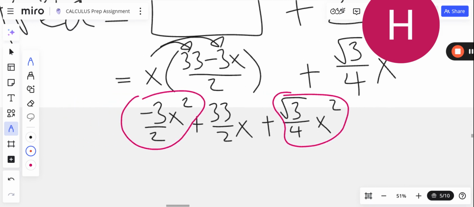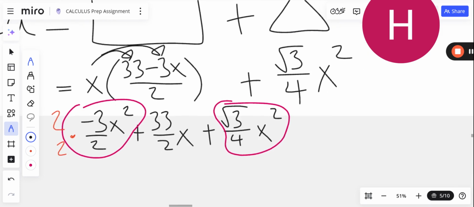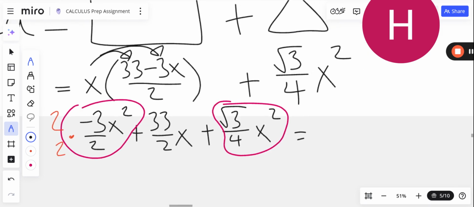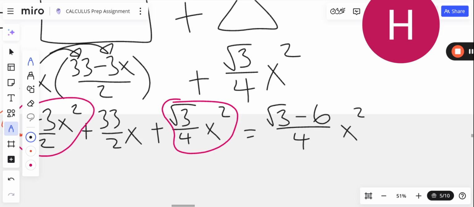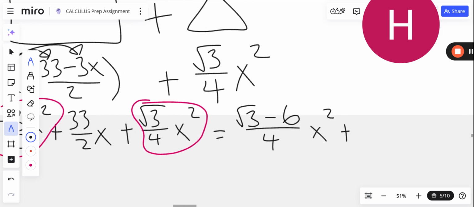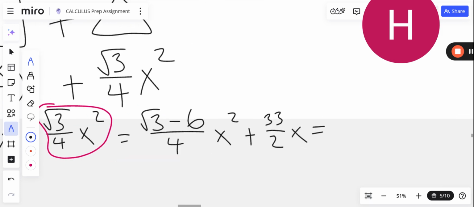So I'm going to modify this fraction by multiplying 2 over 2. And so now we have root 3 minus 6 all over 4 x squared plus 33 over 2 x. This is our total area, and we want to maximize this.